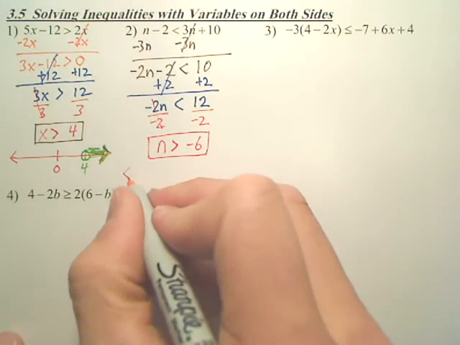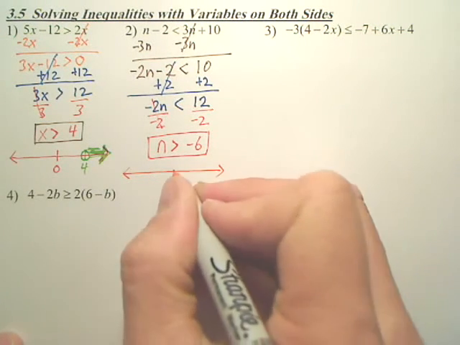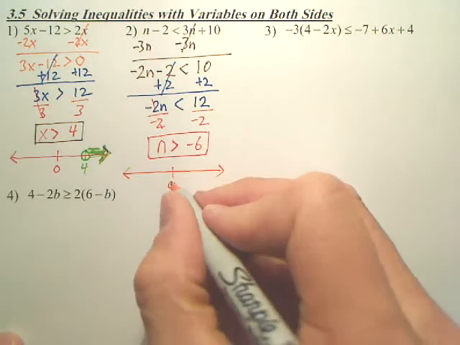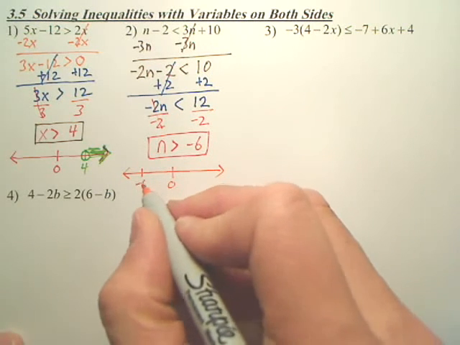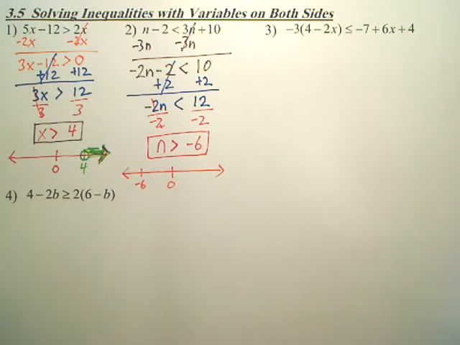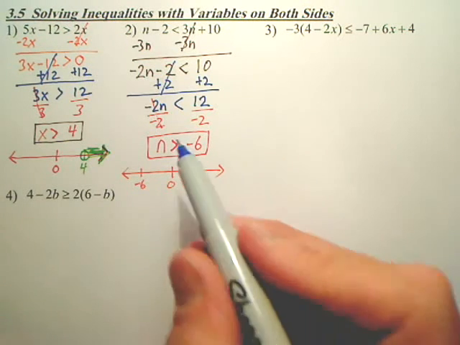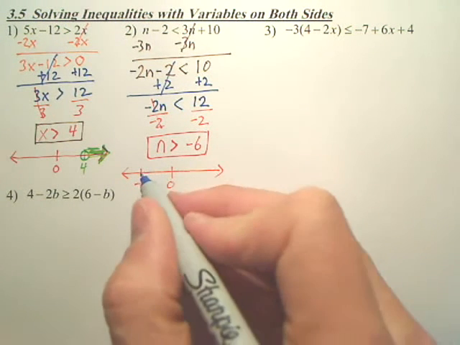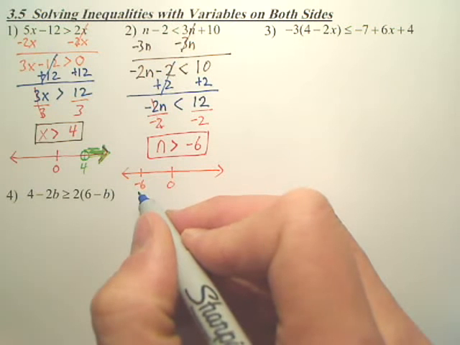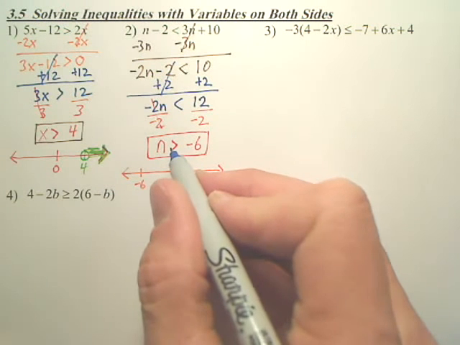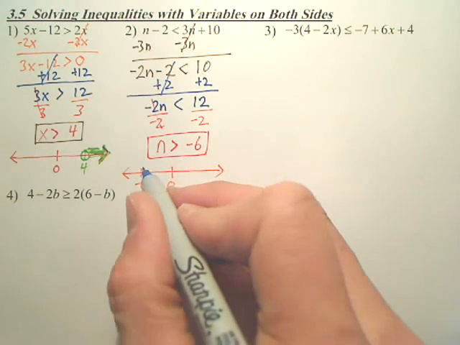Okay, let's make a number line and graph this. This is 0. Negative 6 would be over here. This is saying n is greater than negative 6. Open or closed circle? Open, because it's just a greater than.